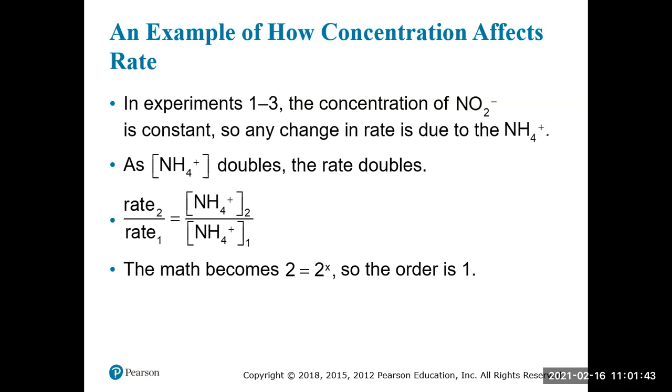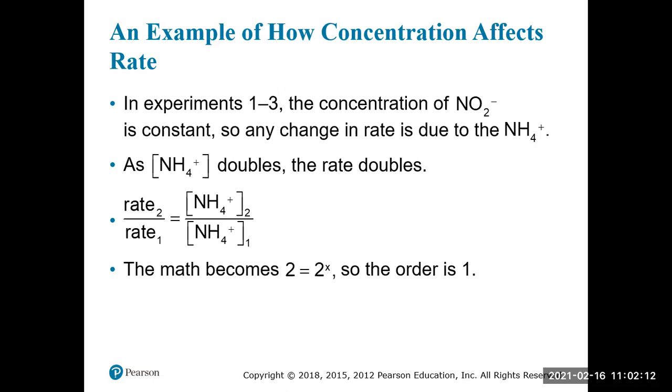So what it's saying is, if we're trying to figure out the order of, in this case, the ammonium ion, the NH4, we would take that ratio of the rates, which was 2, and that's equal to the ratio of the concentrations raised to some power. So 2 equals, the concentration ratio was 2, and then 2 to the what gives us 2?